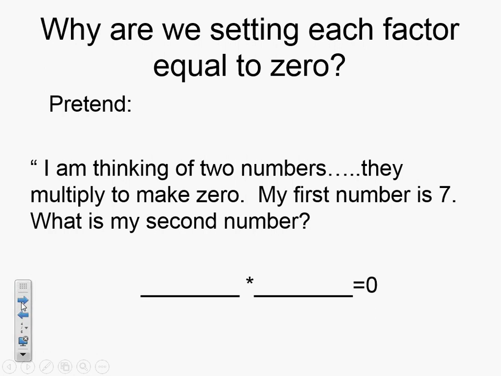In your head, you're thinking, okay, Kincaid's thinking of two numbers that equal 0. The first one's 7. What has to go right here in order to make it multiply to make 0? Well, it has to be a 0. The only time you can multiply to make 0 is if one of the numbers was 0. Or even both of them could have been 0 if I hadn't told you the first one was 7.